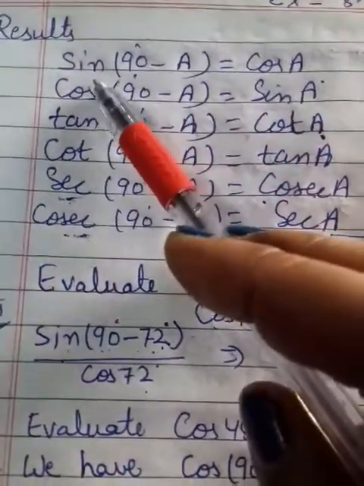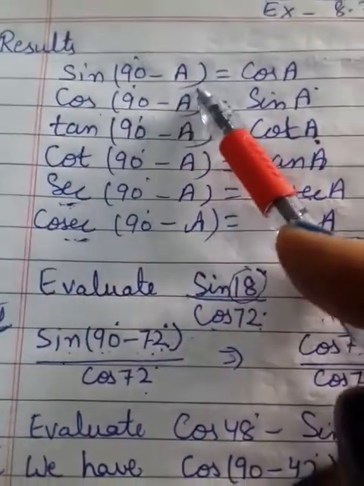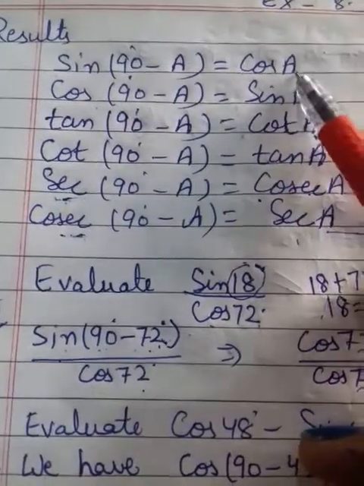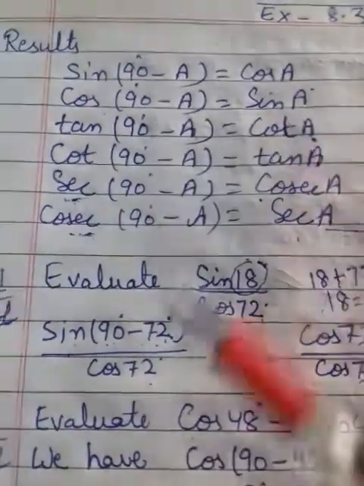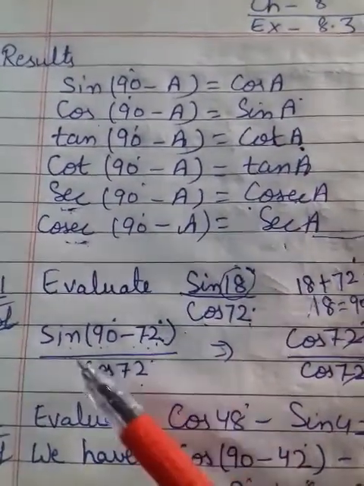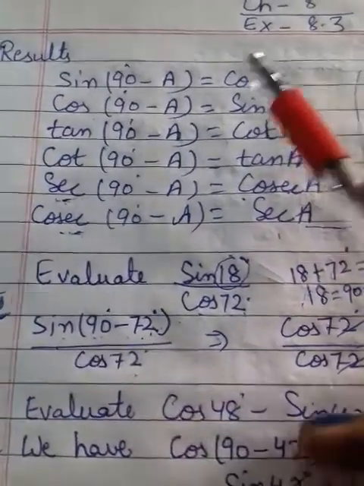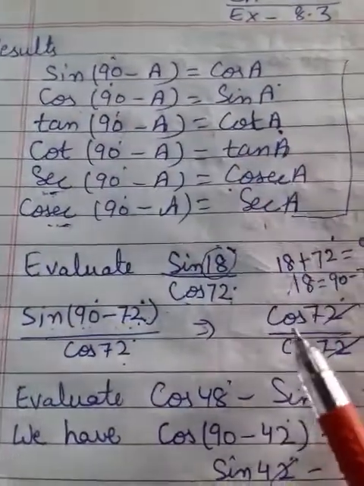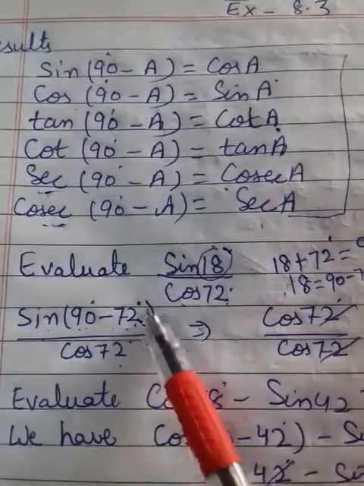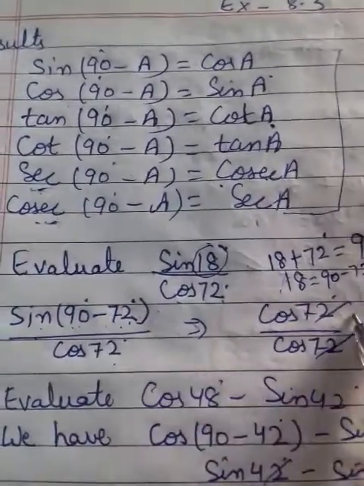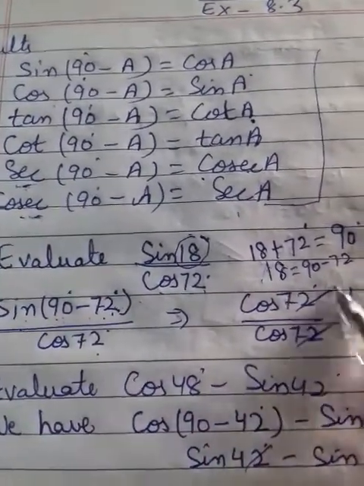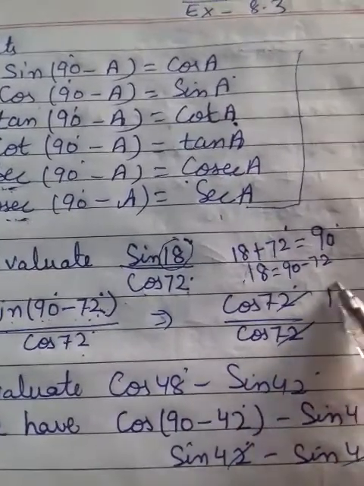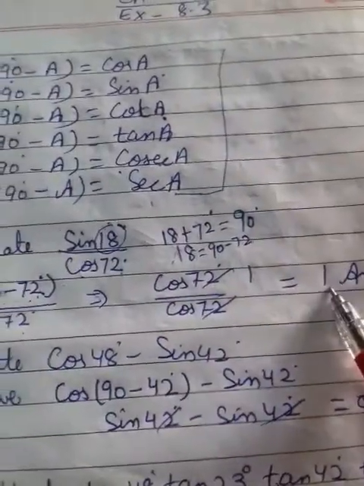According to your first result, sin 90 minus theta is cos theta. Theta means A here. But here your A is 72. So your result will change firstly sin into cos and with this one, what is here? 72. Denominator already same. So those will be cancelled. Your answer is 1. Clear?